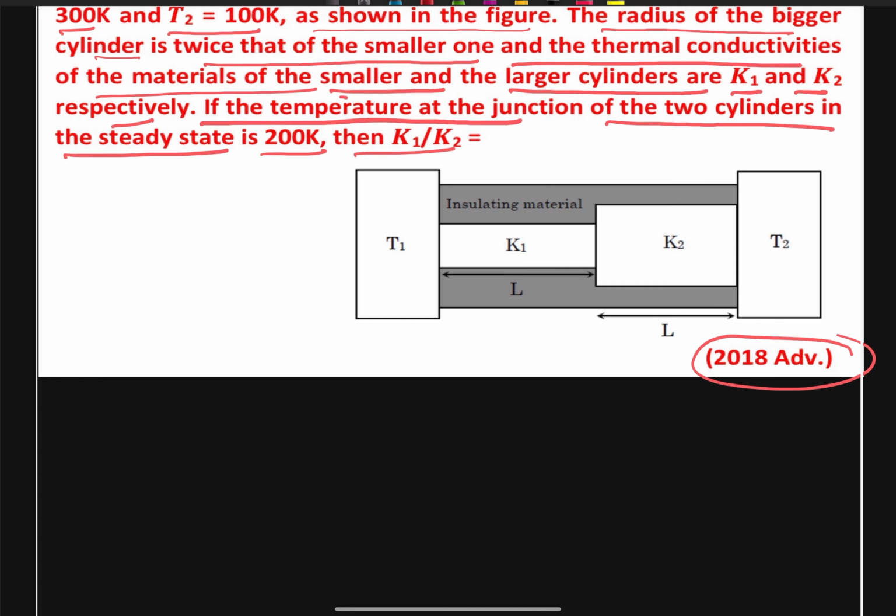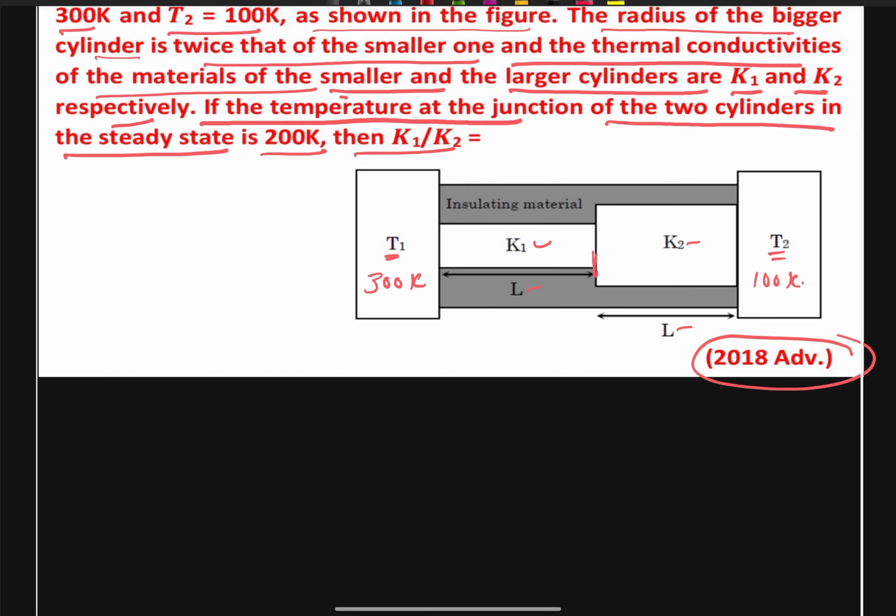So basically we are given two baths. One is at temperature T1, which is given as 300 Kelvin. Other bath is our T2, which is given as 100 Kelvin. In between we have two different materials of conductivity K1 and K2. The length of both is the same. And it is also given that the junction is somewhere here.